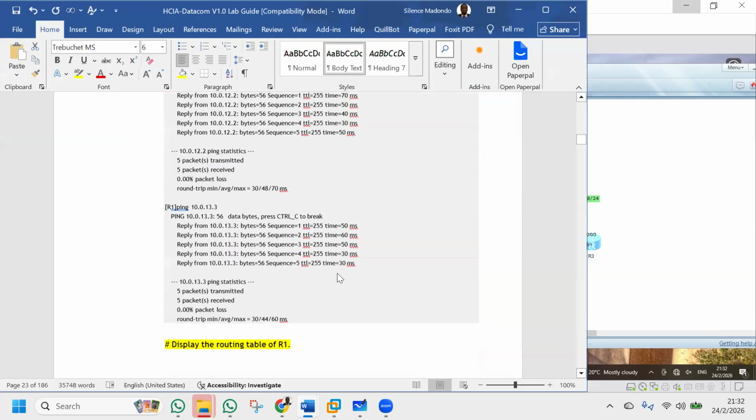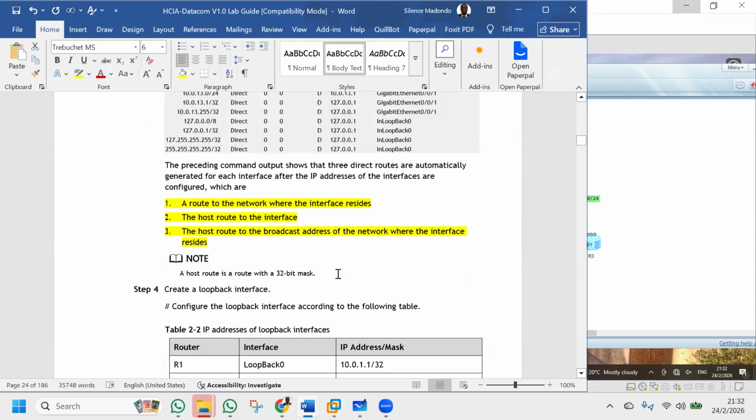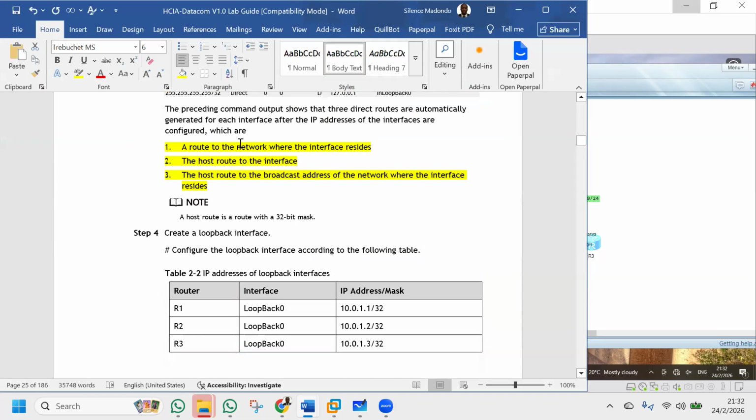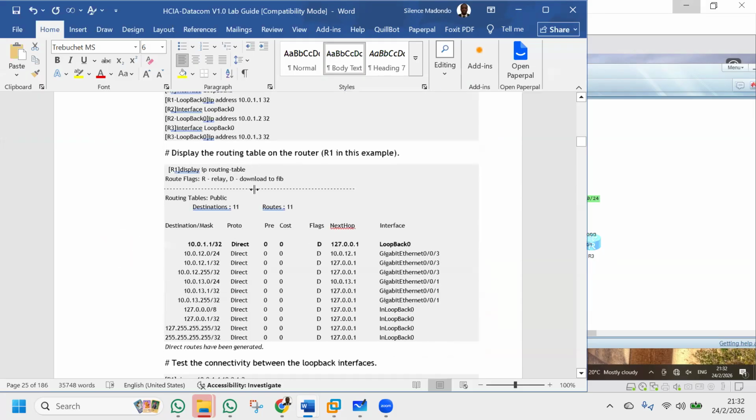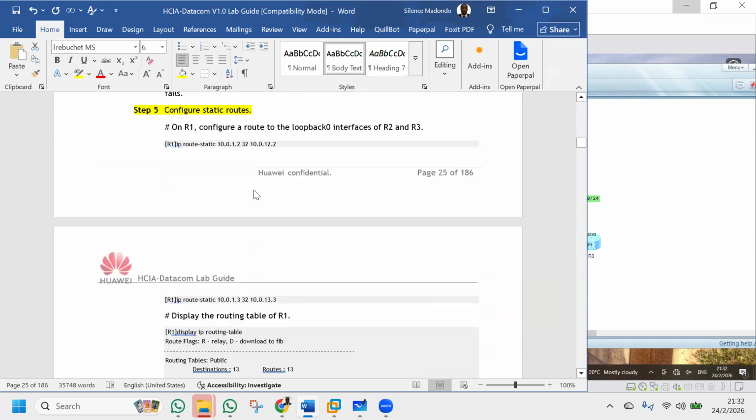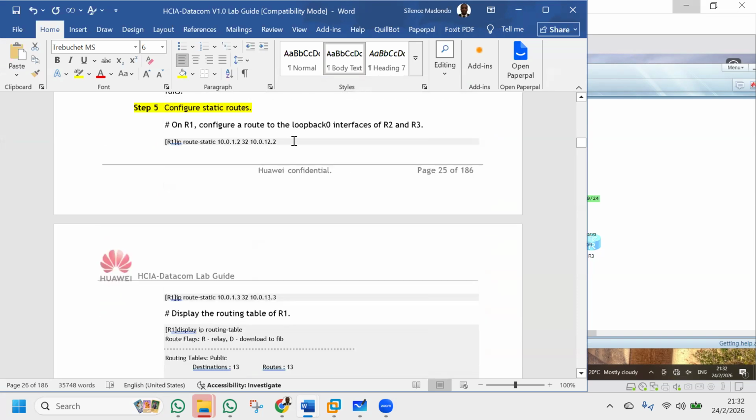How will we do that? To configure a static route, we've displayed this: a route to the network where the interface resides, a host route to the interface. We've touched on that. We are not going to do the loopback. Configuring static routes, this is how we do it.